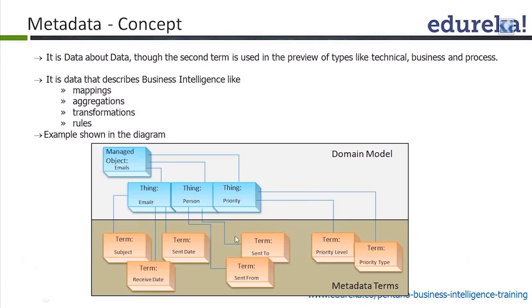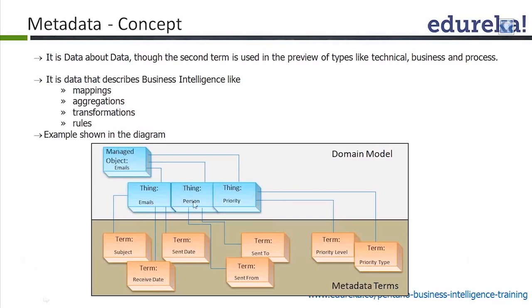Now email in turn will be mapped logically. So this is the logical mapping. Logically, email can be split into 3: each email will have a subject, each email will have a receive date, and each email will have a send date.